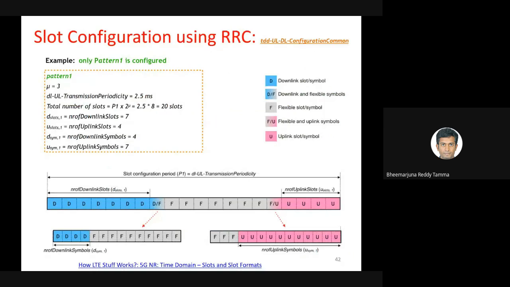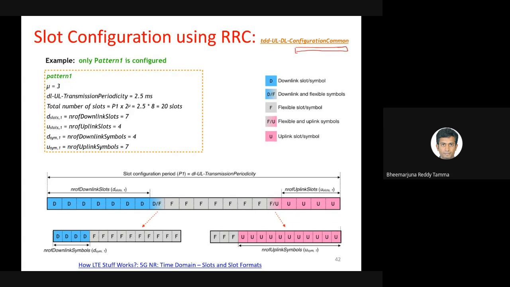Let's look at slot configurations in the case of 5G. We can use RRC messages to inform the slot configuration. And there are 2 kinds of RRC messages that you can use. One is related to the configuration common. Read this word, something called configuration common.